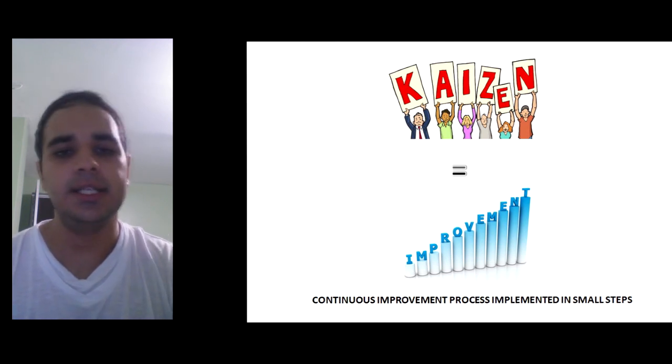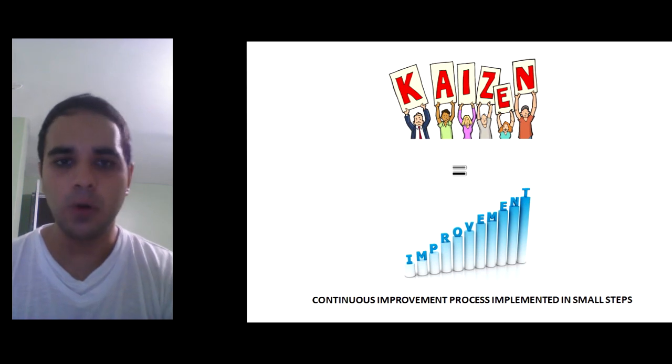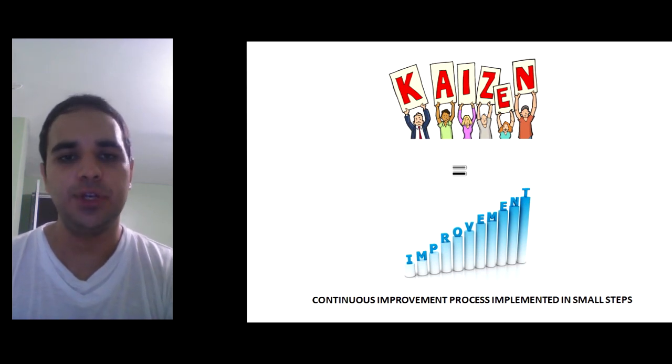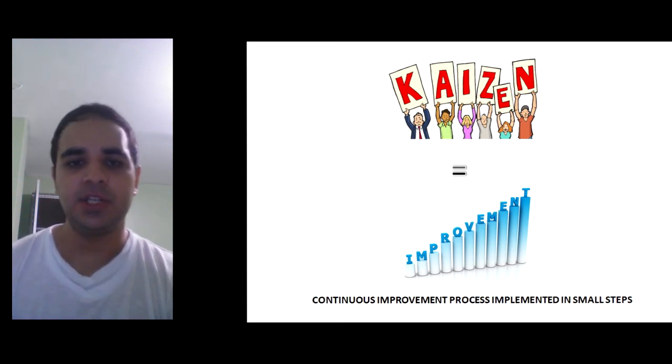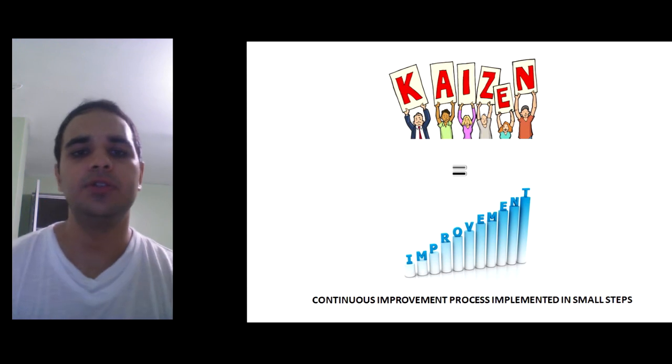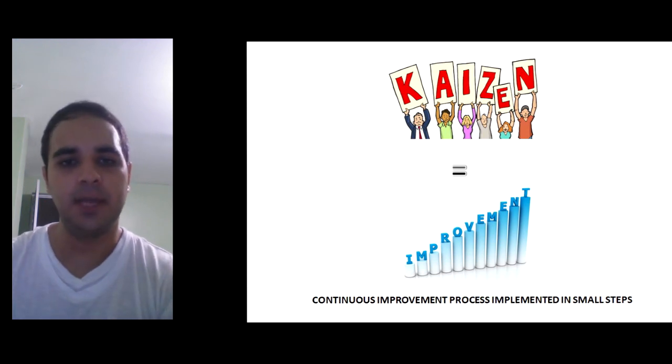So Kaizen is a tool that helps you fix a problem by the implementation of small steps during a period of time.